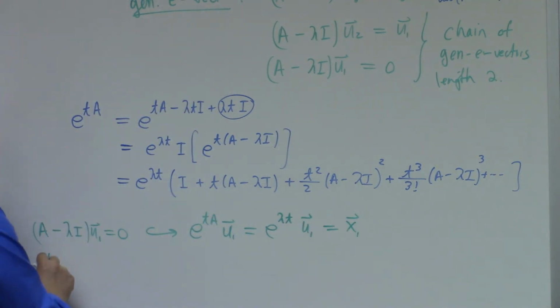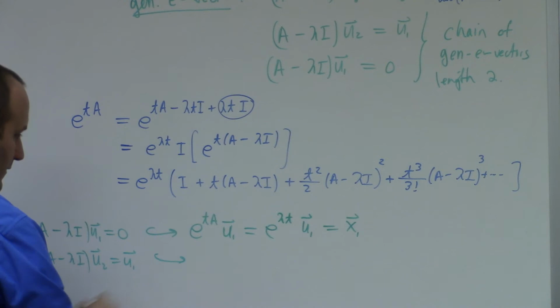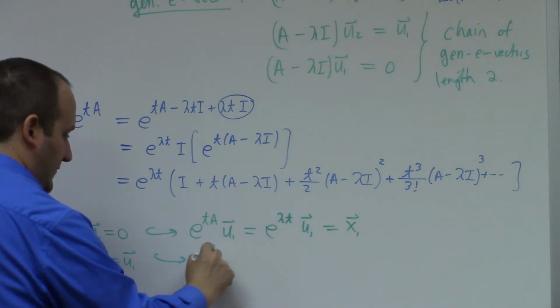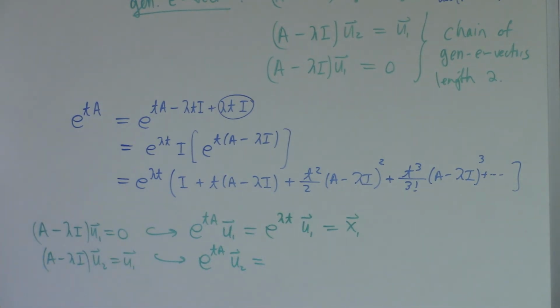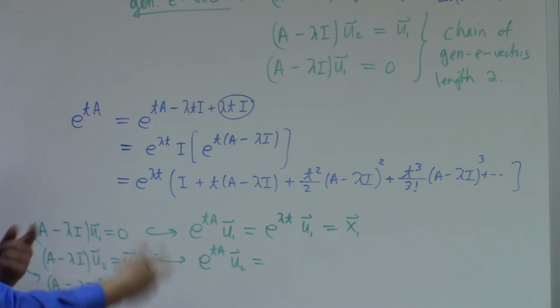And then if you have (A minus lambda I) times u2 equal to u1, well, then when we calculate the matrix exponential e to the tA times u2, what happens? Of course, you can easily see from this that (A minus lambda I) squared on u2 is (A minus lambda I) on u1, which we assumed is 0.